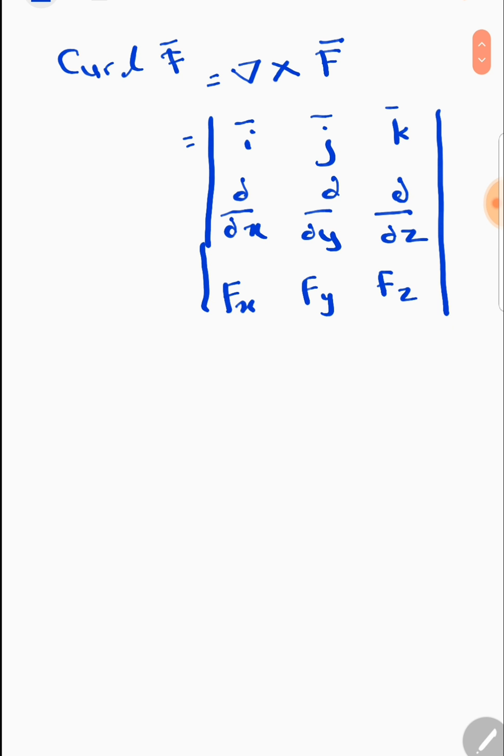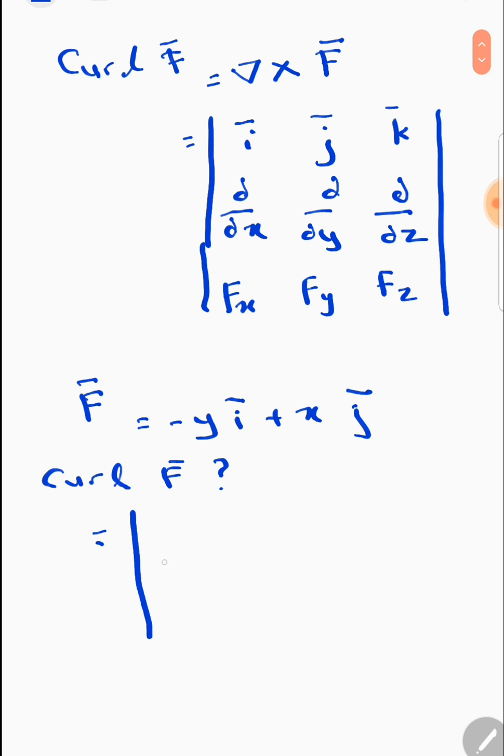Okay, so let's see. For example, if we have an f bar given by negative y i plus x j, and they ask us to find the curl of f. Okay, so we are going to use exactly what we have in the formula. We have i, we have j, we have k.